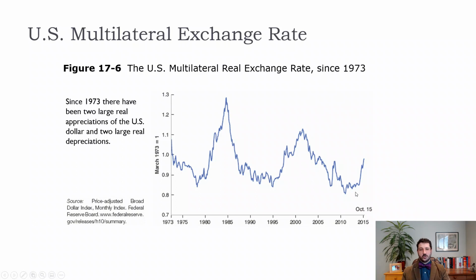So you can see these are pretty significant, and they're going to be important to think about when we think about things like the trade deficit, when we think about our trade balance with countries around the world, and what we might want to do if we want to, say, increase our exports or decrease our imports. So the multilateral exchange rate is definitely the one we want to focus on when we're thinking about total trade.